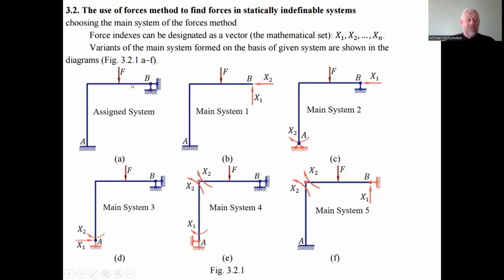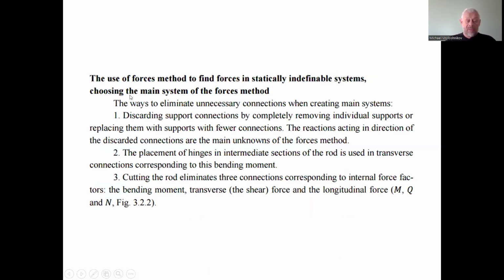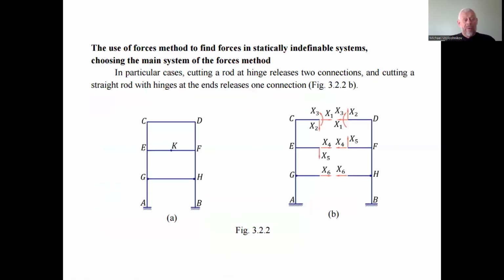So in the considered case, it's not so appropriate, as we have only a two times statically indeterminate system, and if we do a cut, we have not two but three variables. So for us, we can use the first and the second recommendation. In particular cases, cutting out a rotated hinge releases two connections, and cutting a straight rod with hinges releases one connection at the ends.